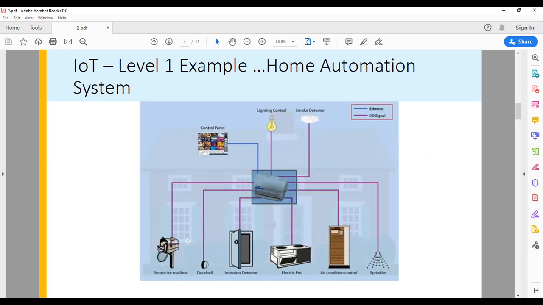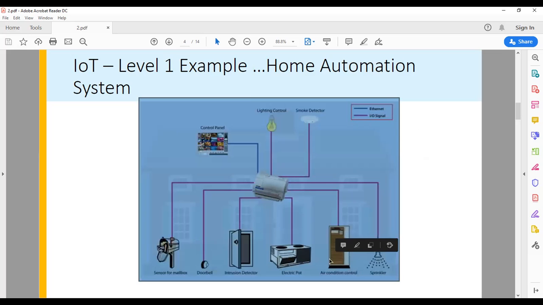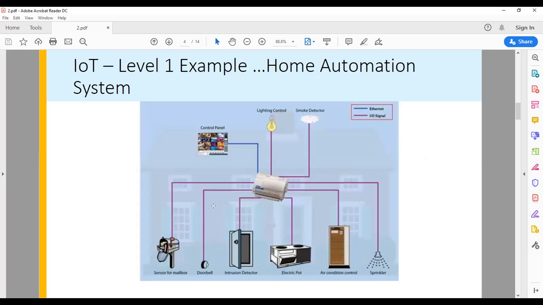You can see the different gadgets being controlled, like lighting, smoke detector and air conditioner. These can be controlled by only a single node. So this is the basic level 1. I hope you understand.